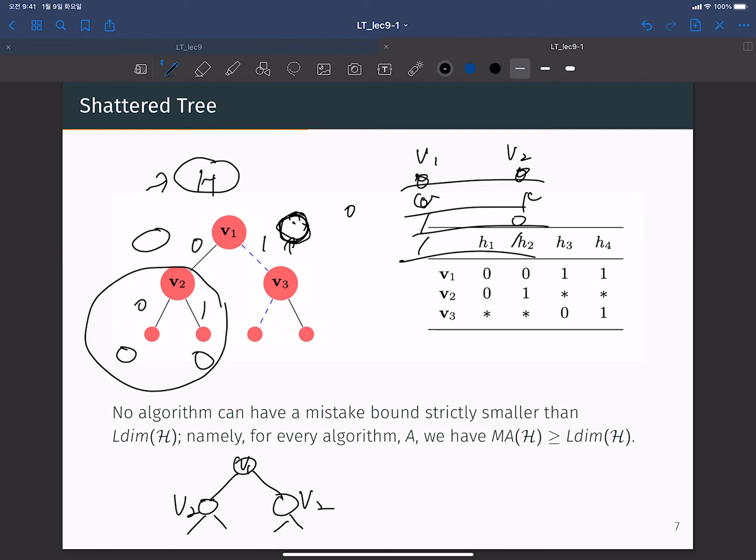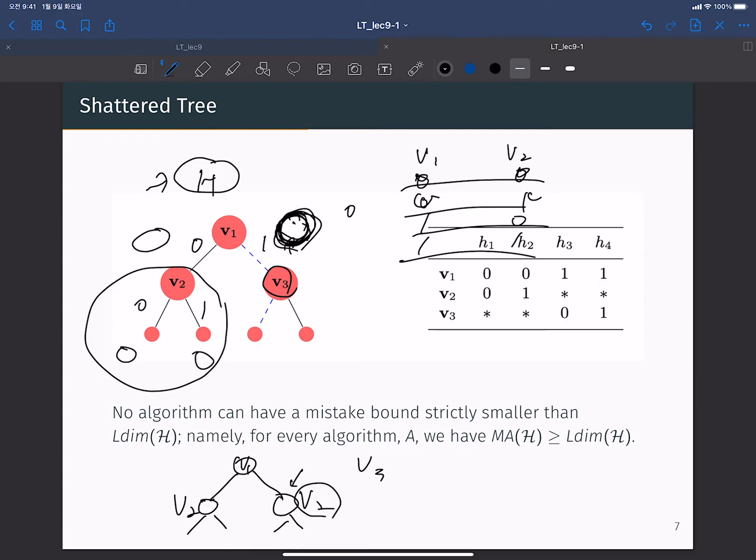But for L dimension, we can replace v2 for this side using another instance v3. Essentially, we can introduce another instance v3 only for this subset of hypotheses. Okay?